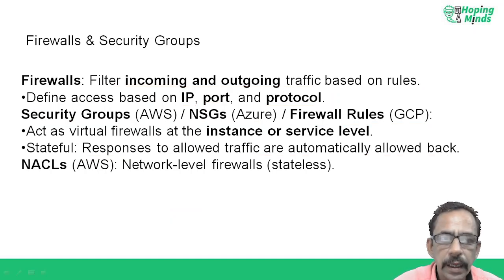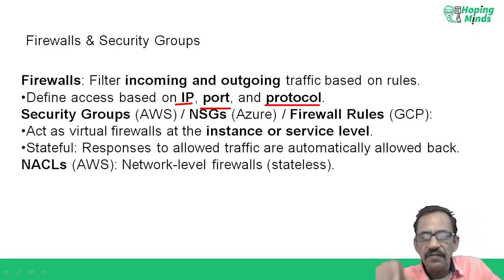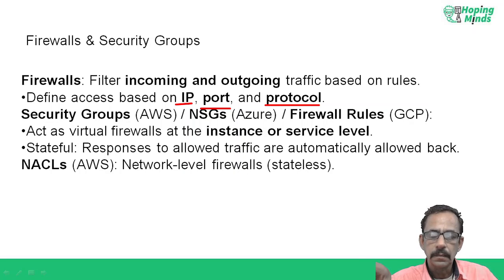So we filter traffic based on rules. In case of a network, we can configure on an IP basis, on a port basis or on a protocol basis. IP means if some traffic is coming from this particular IP, that is allowed, or that is not allowed.